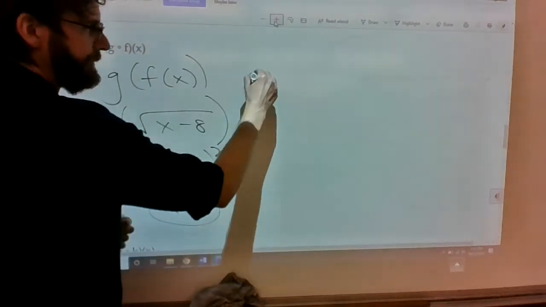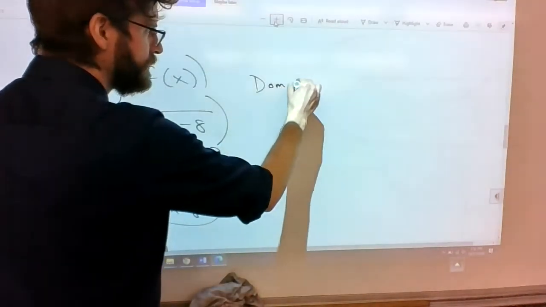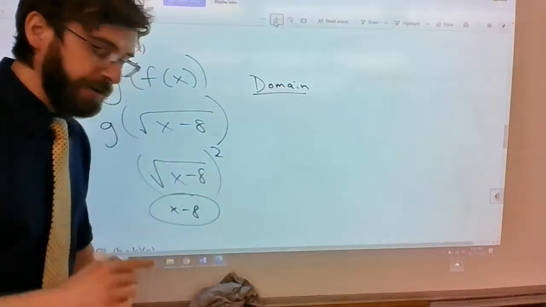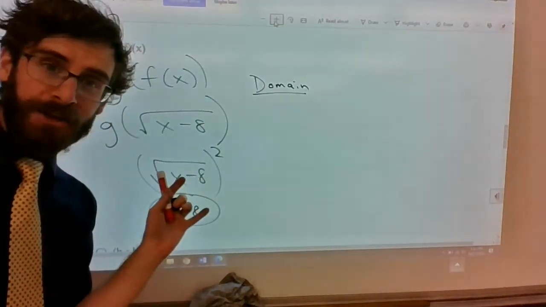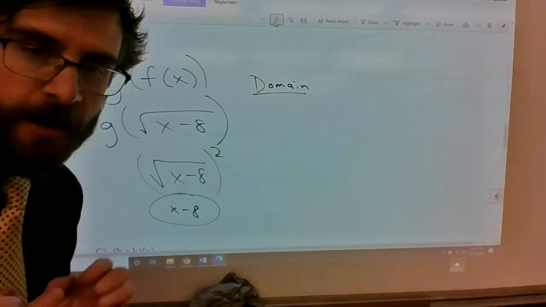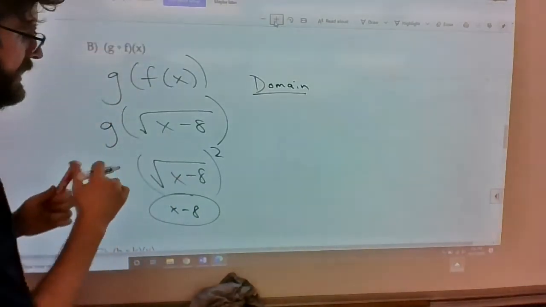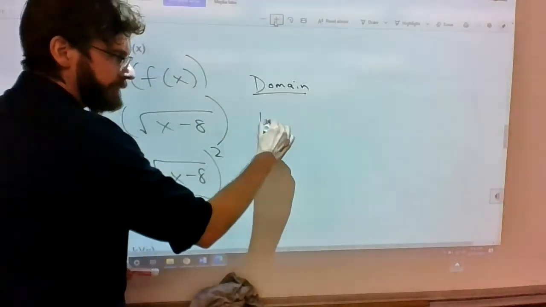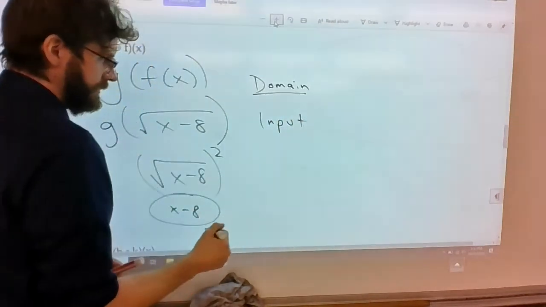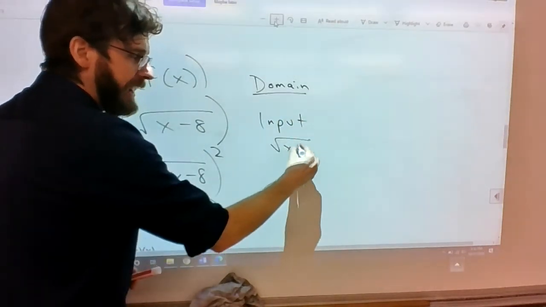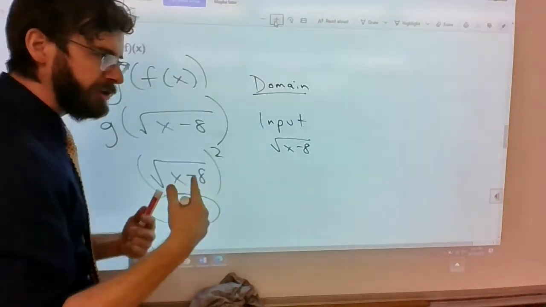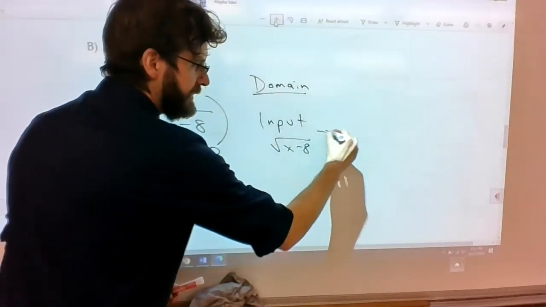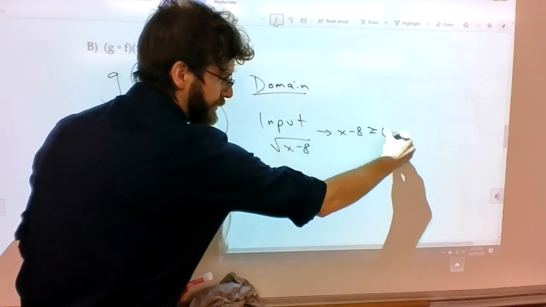What's the domain of it? Well, here's where I get most students. They see that and they're like, oh, it's a polynomial, all real numbers. Wrong. The input function was root x minus 8, which means it was structurally bound to x minus 8 being greater than or equal to 0.